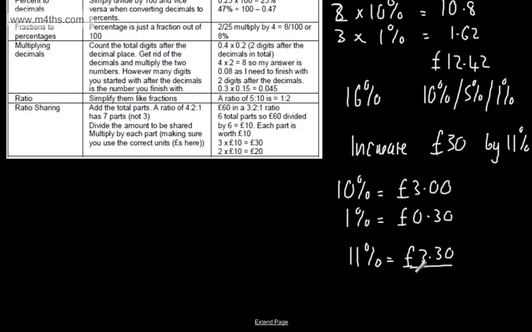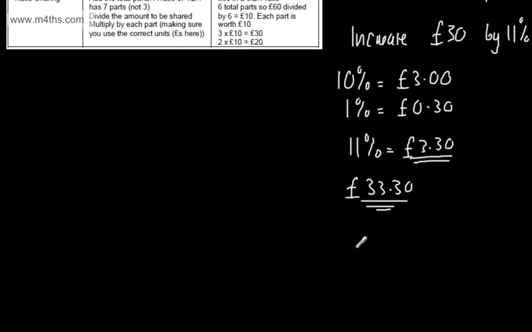And all I need to do is add that on. So we're going to have £33.30. I've increased £30 by 11%. I found 10%, I found 1%, and I've added it on. If it asks us to decrease, for example, by 2%, let's decrease £30 by 2%.